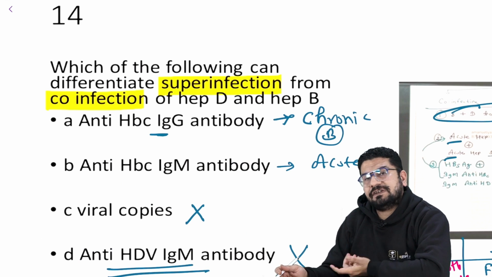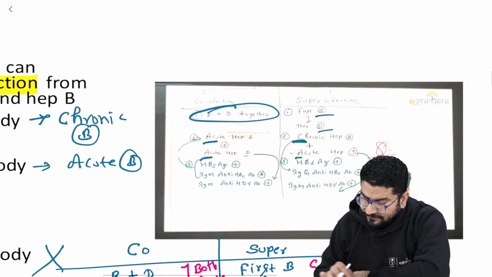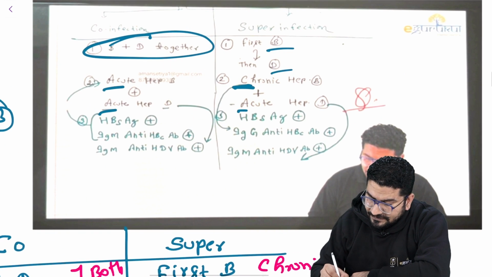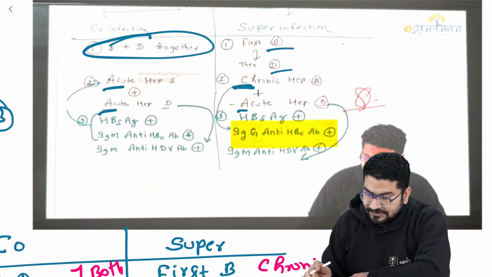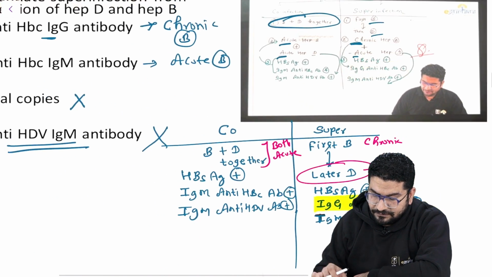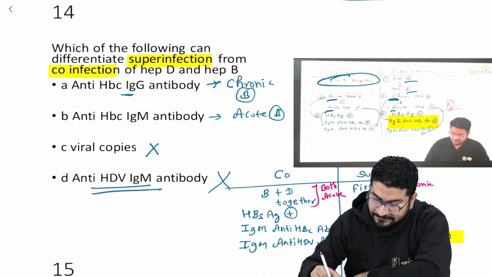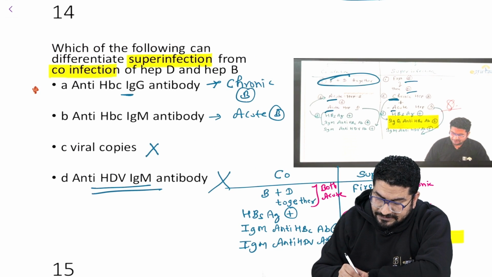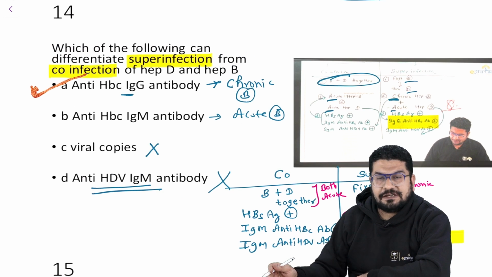In superinfection, we see IgG anti-HBc. This is the one thing we use to differentiate. So superinfection can be differentiated easily by anti-HBc IgG antibody. Simple.